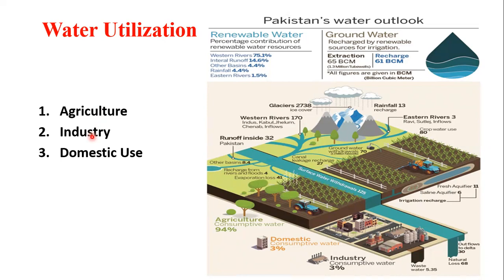In the first video, we learned about the water resources, how much water is received in Pakistan from various sources. Clear? And the renewable water resources in Pakistan, for example, Western rivers: 75.1% of the water is received from the rivers.